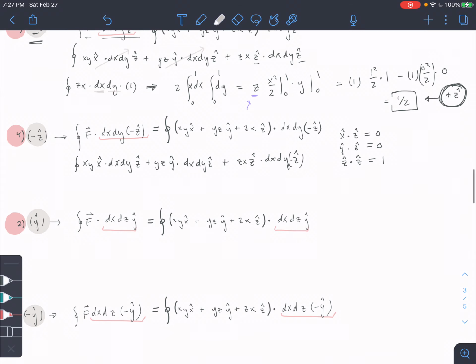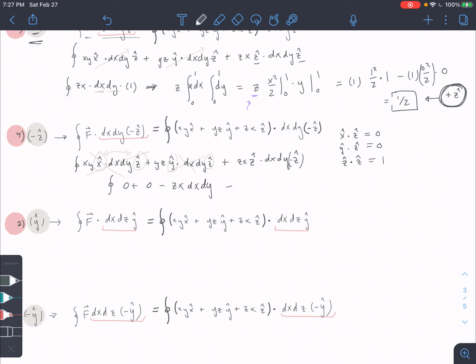So these pieces are going to cancel because we have these two, they'll dot with each other and become 0. And then plus these two, right? So they'll dot with each other and become 0. So we'll have this integral 0 plus 0 plus, and these two are going to become negative zx dx dy.